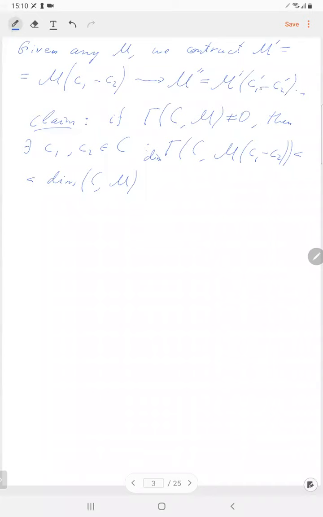So how do I do this? Well, I consider this space of global sections with coefficients in M, and it can happen that all of them vanish at some point. Then this point is called a base point.